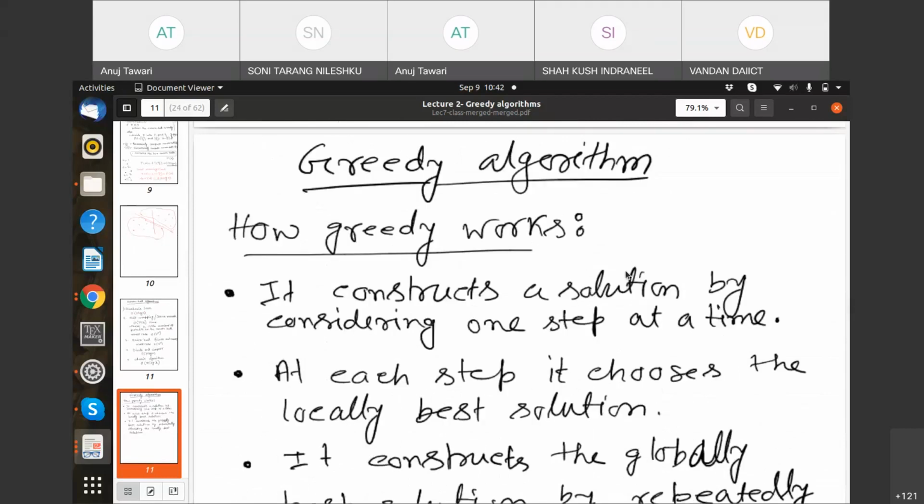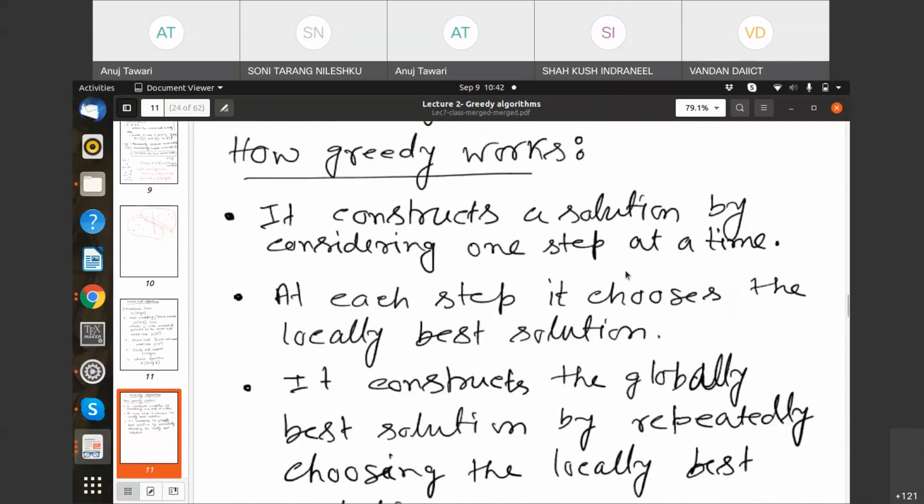So how does this greedy approach work? It is sort of an iterative procedure. We construct a solution by considering one step at a time. So your algorithm is essentially a sequence of choices. You want to make some choice at every step. And here the idea is it chooses the locally best solution.